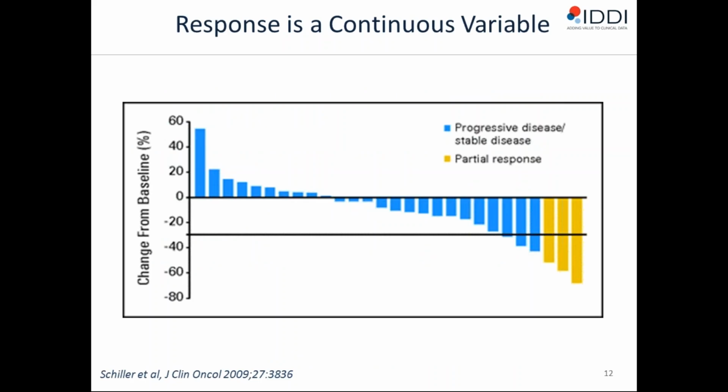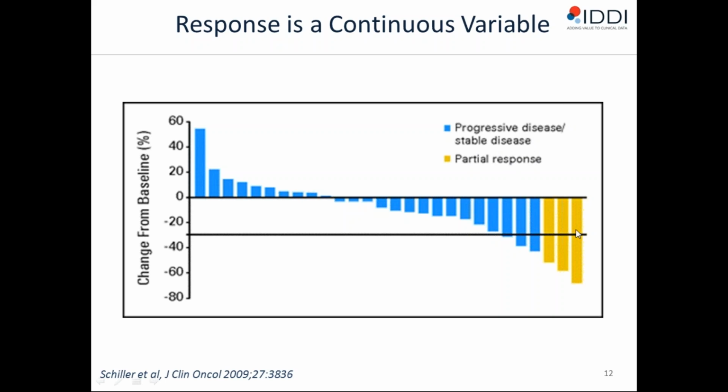Now, it so happens that response is a continuous variable in nature. So we transform this into a binary variable by speaking of a response rate, but each patient has a certain degree of tumor shrinkage, and this becomes obvious when we look at waterfall plots such as this one. Now, one caveat of these plots is that we are looking mostly or most of the times at target lesions, and so sometimes people indicate by color coding the category of responses for each patient.